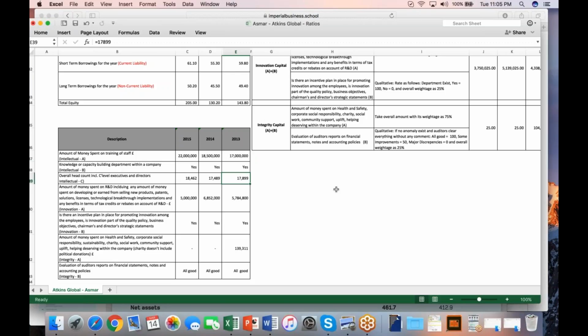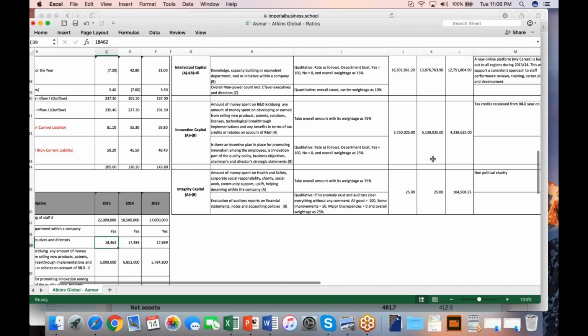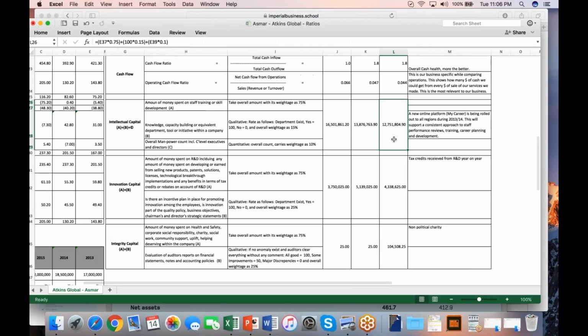So for 2014, their spending is constantly increasing on their staff, and that's why you see the intellectual capital go from 12.7, we can call them points, 12.12 million points to 13 million points to 16 million points. So their intellectual capital is increasing because they're constantly investing in their team, including new systems.